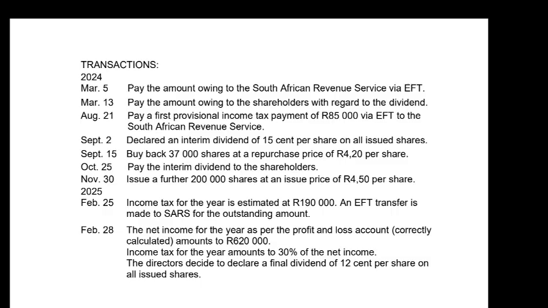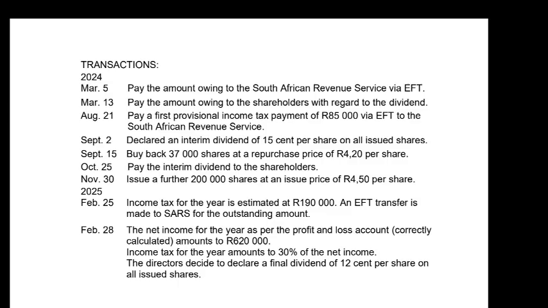September 2nd, declare an interim dividend of 15 cents per share on all issued shares. September 15, buy back 37,000 shares at a repurchase price of R4.20 per share. October 25, pay the interim dividend to the shareholders. November 30, issue a further 200,000 shares at an issue price of R4.50 per share.